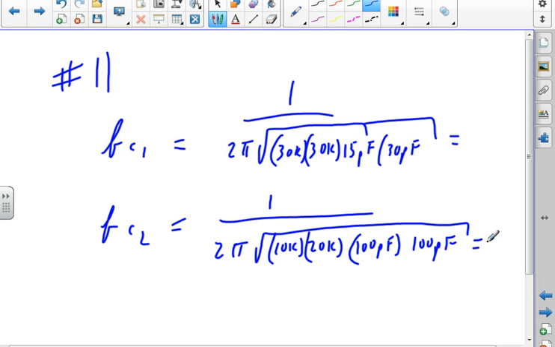Okay, 2 times pi, 1 over parentheses. I didn't put a 2 in that last calculation, did I? Did anybody else run that last calculation through their calculator? The first one? Yeah.